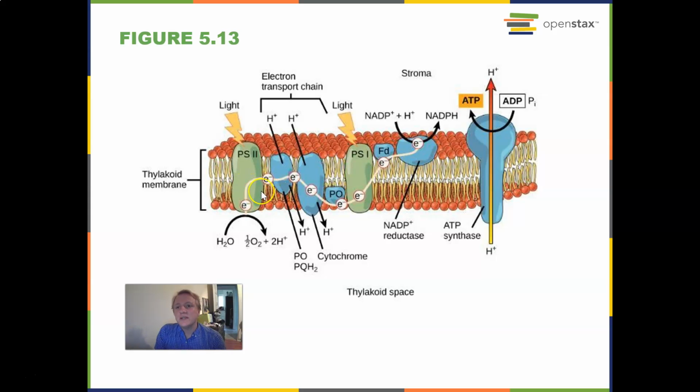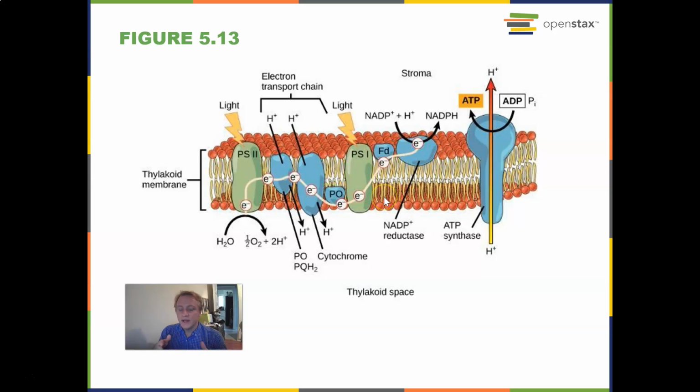And then what that electron is going to do is it's going to move through an electron transport chain. Not the same electron transport chain we learned about in respiration. This is a different electron transport chain. But that electron transport chain is going to build up H+ ions on the inside of this thylakoid.